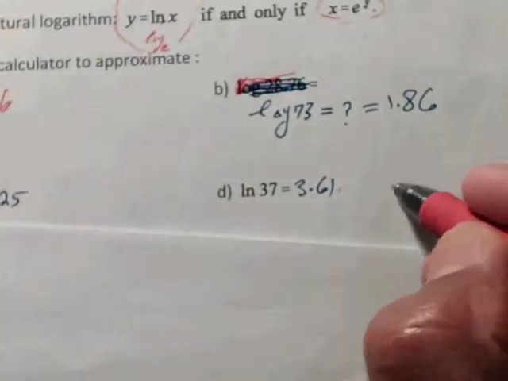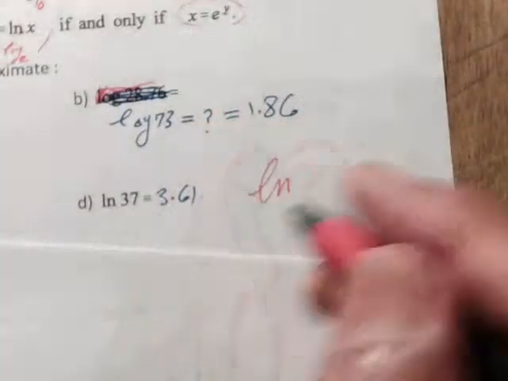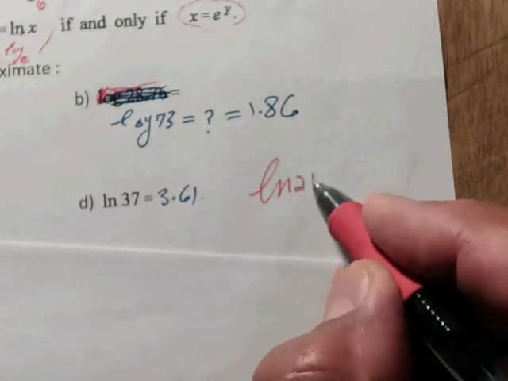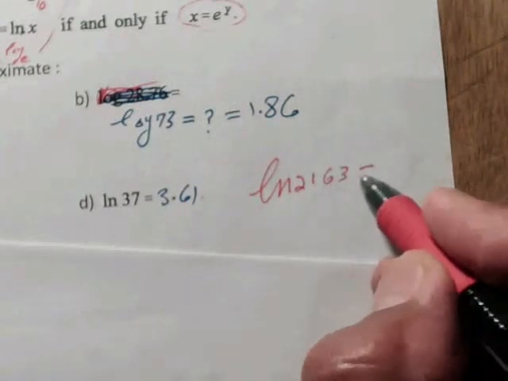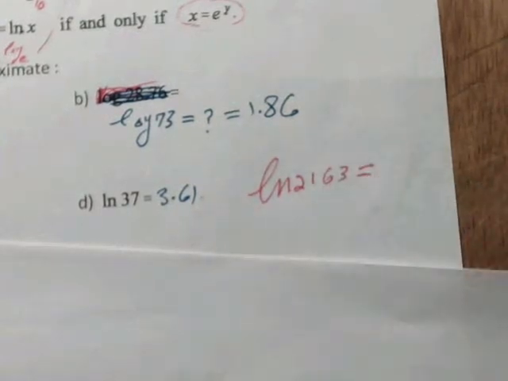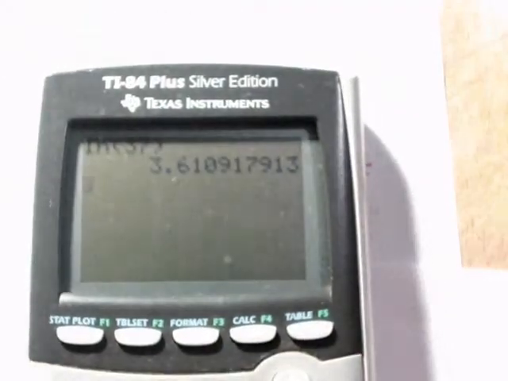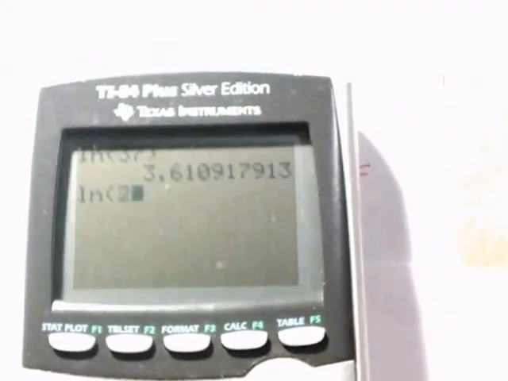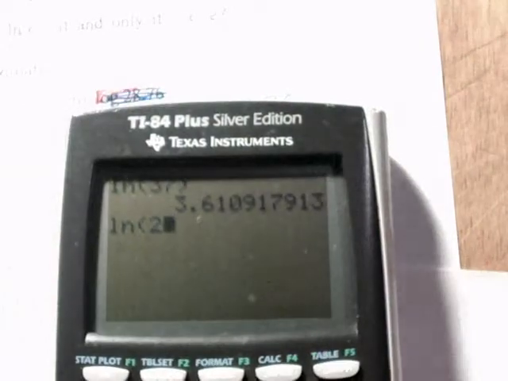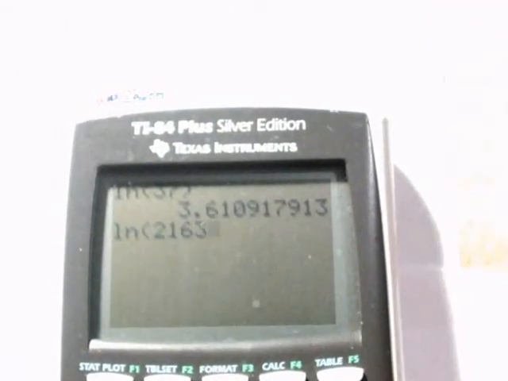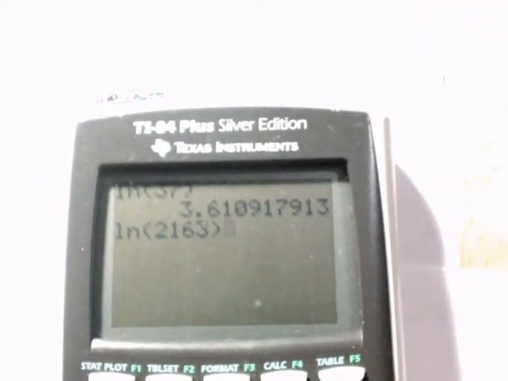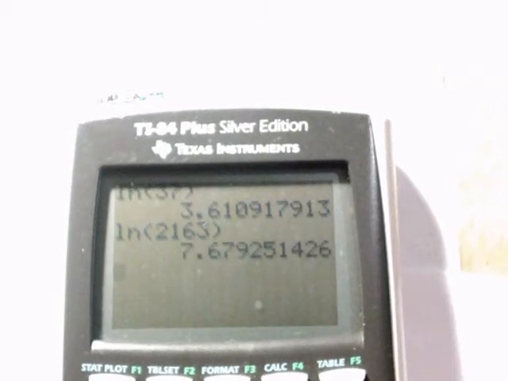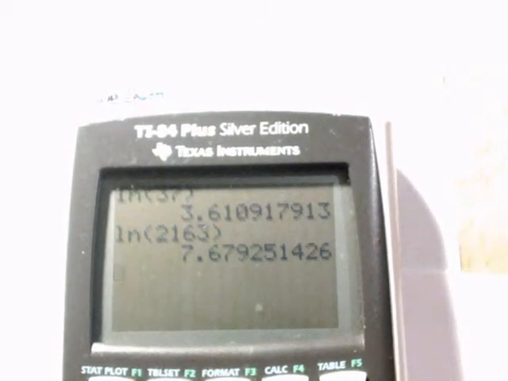Now if I do another one, let's say ln of 2163, what is that? 7.68.